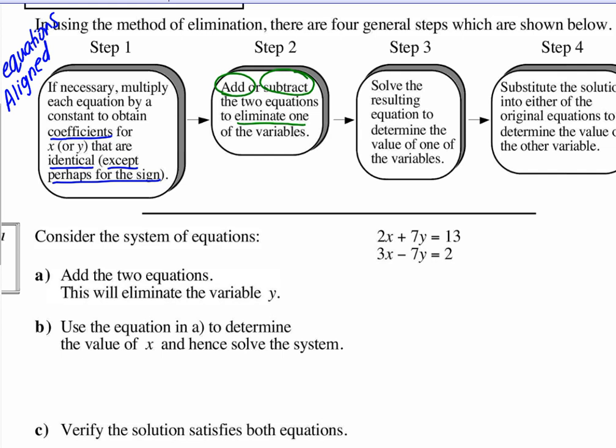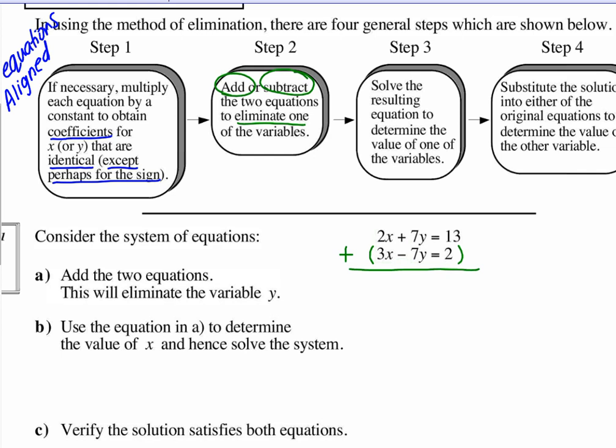So in this case here, would we add the equations or subtract them to eliminate the y? If you have a +7 and a -7, they're already opposite, so you would add the equations. If the signs are opposite, we're going to add because we want to make 0. So would you agree that 7 plus -7 equals 0?